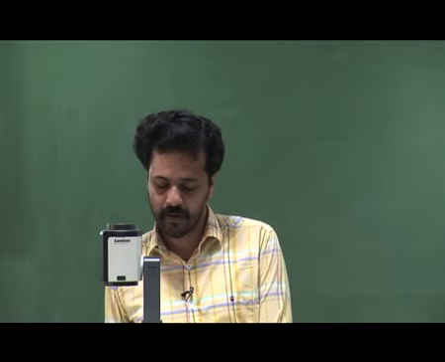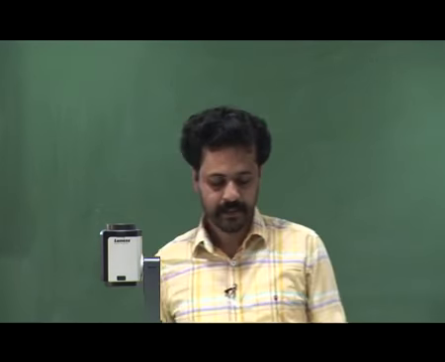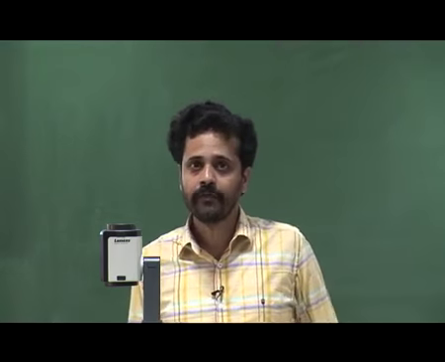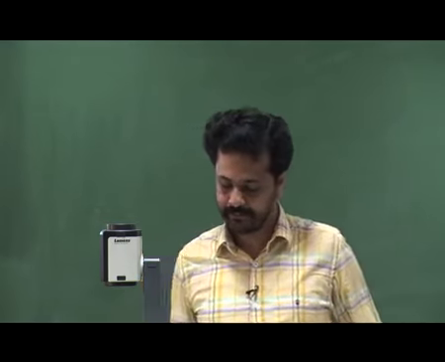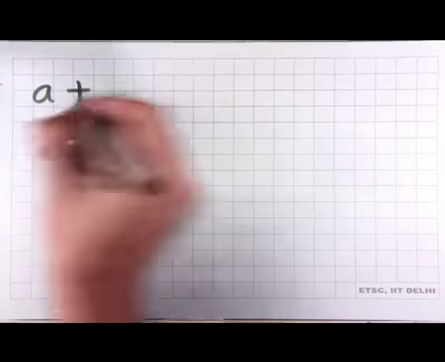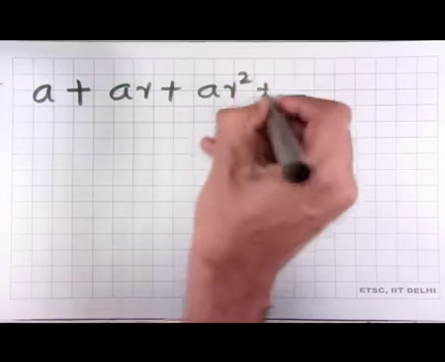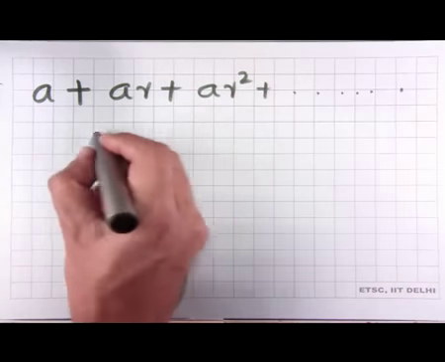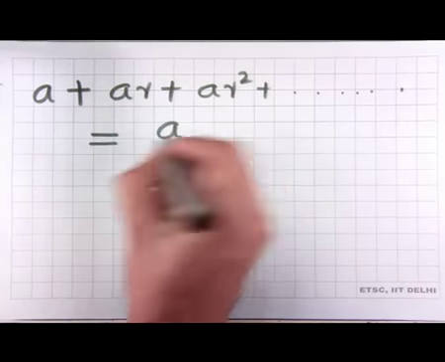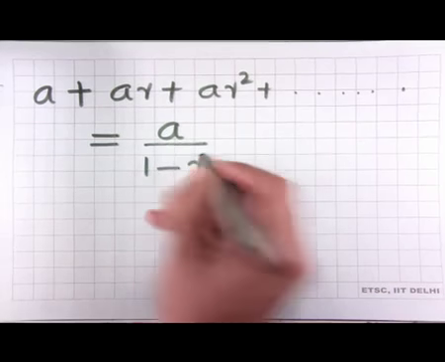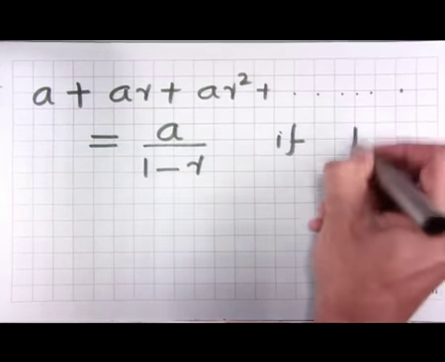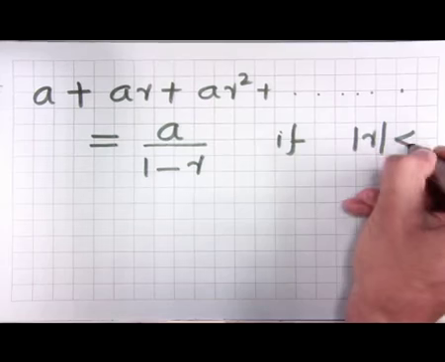Further, let us recall that sum of an infinite GP, namely A plus AR plus AR square plus etc., is a by 1 minus r if mod r is less than 1.